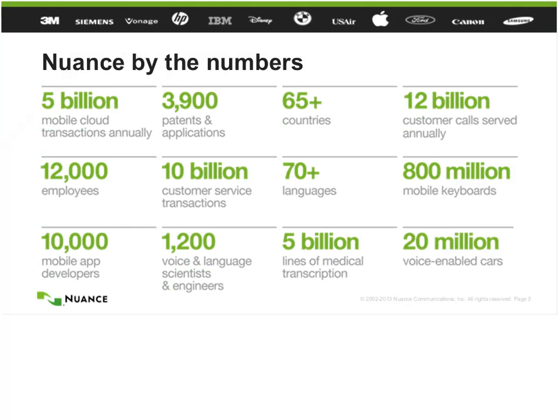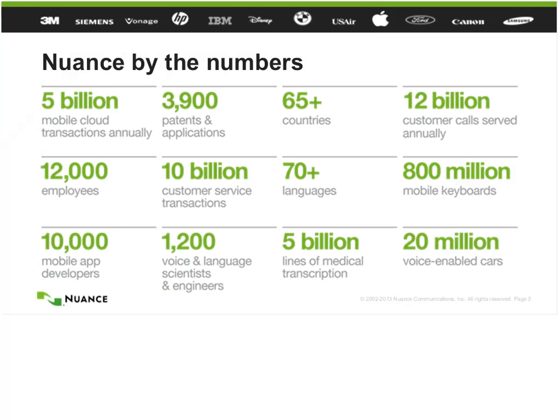So who is Nuance? If we look at Nuance by the numbers, you can see that what we provide is pretty impressive. To date, we have over 10,000 mobile app developers. More than 5 billion lines of medical transcription have been processed by Nuance in our applications. Most of our solutions are offered in more than 70-plus languages.